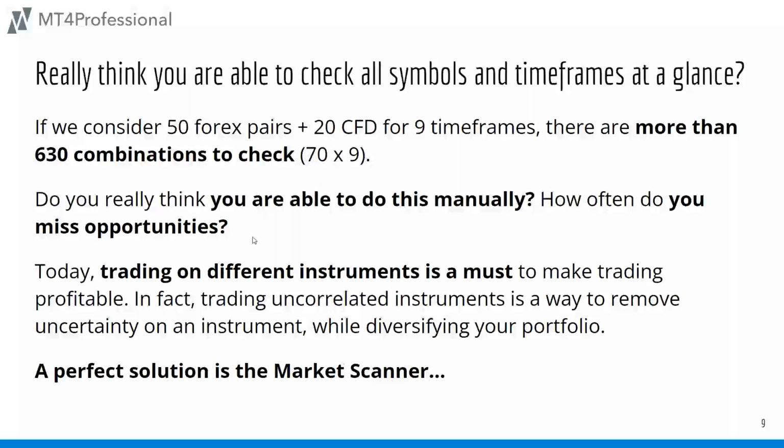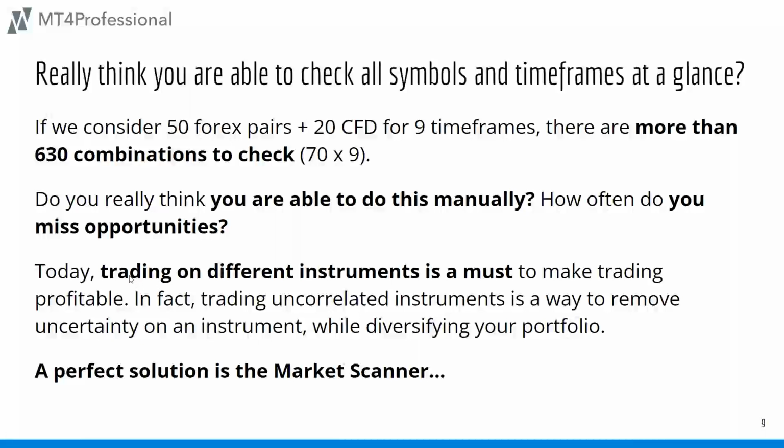How often do you miss opportunities because you're out there looking for potential trades just based on the ones that you have access to? Well, trading with different instruments is a must in today's market environment in order to make trading profitable. In fact, trading uncorrelated instruments is a way to remove uncertainty of an instrument and diversify your portfolio. So looking at diversification and looking at removing uncertainty are definitely things I'm interested in.